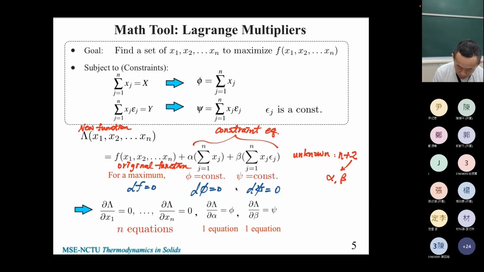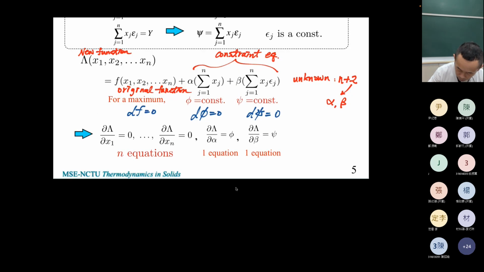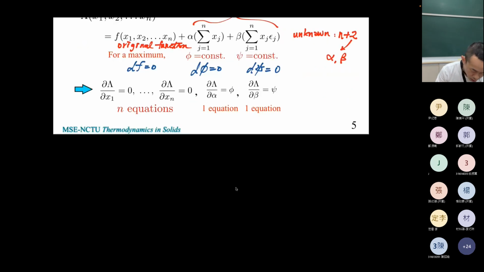And if you take the partial with respect to alpha, you get phi, no problem. And taking the partial differentiation with respect to beta, you get psi. So you can see there are n plus 2 equations.